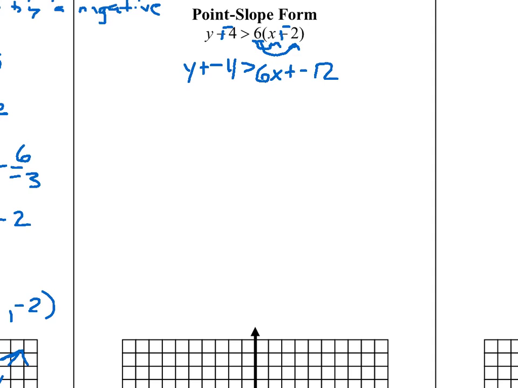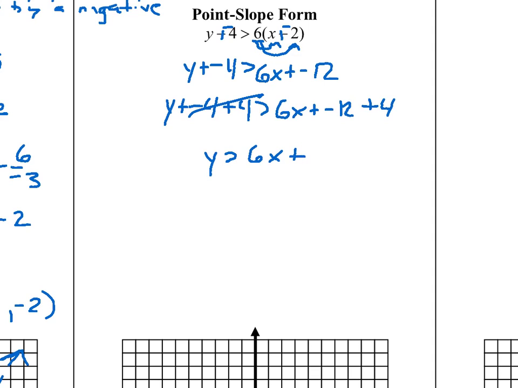Patrick, next. Y plus -4 plus 4 is greater than 6x plus -12 plus 4. Y is greater than 6x plus -8.